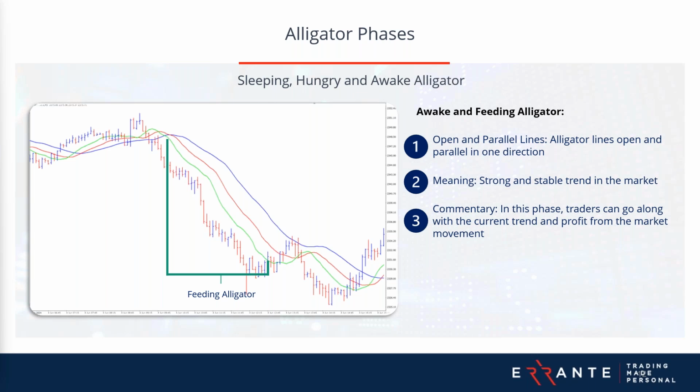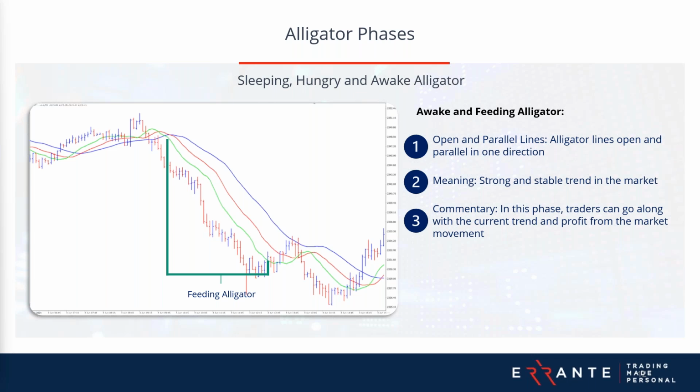So again, the green line above the red line, and the red line above the blue line, with all lines moving upward, is the implication of an uptrend. And the blue line above the red line, and the red line above the green line, with all lines moving downwards, is the implication of a downtrend.